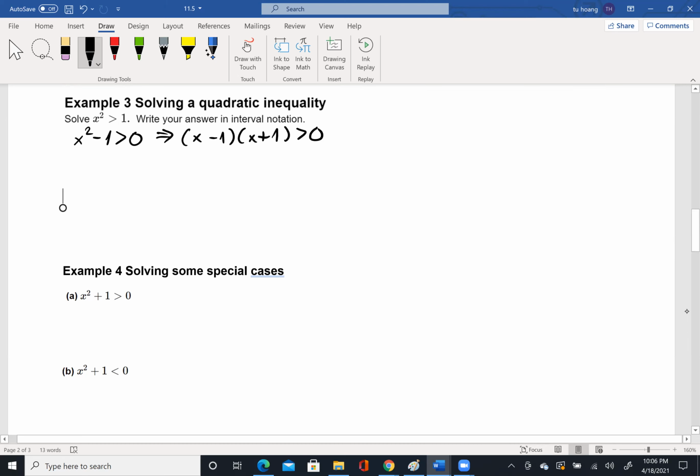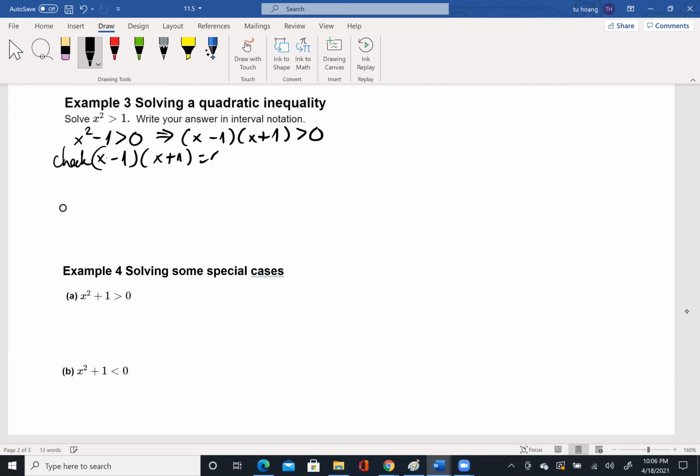You can check x minus 1 times x plus 1 equal to 0. That gives me two solutions, which is x equal to 1 or x equal to -1, right?